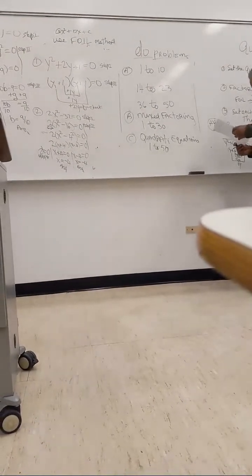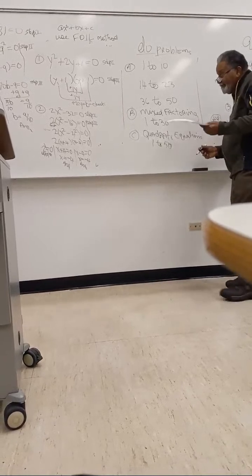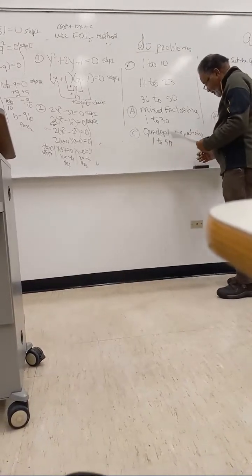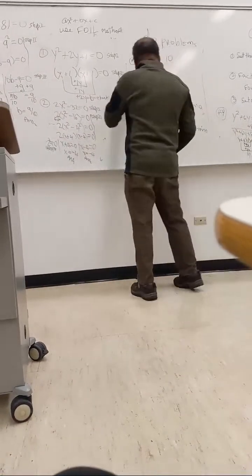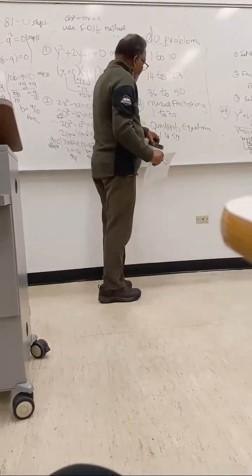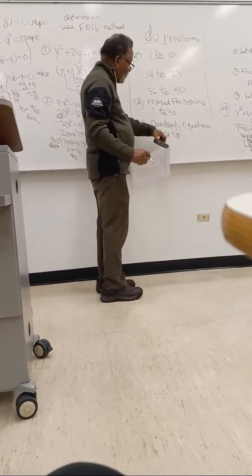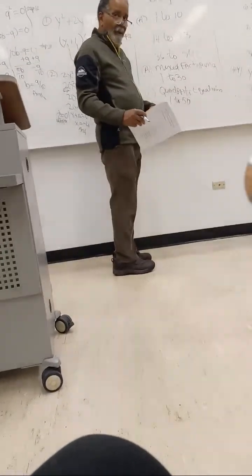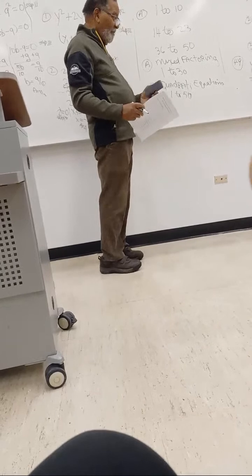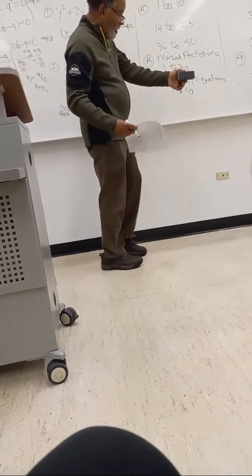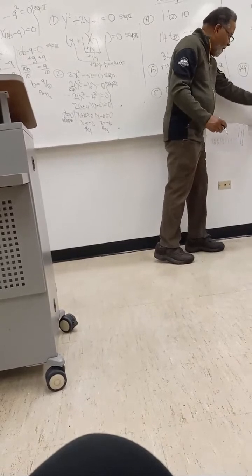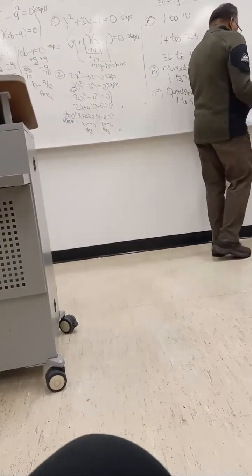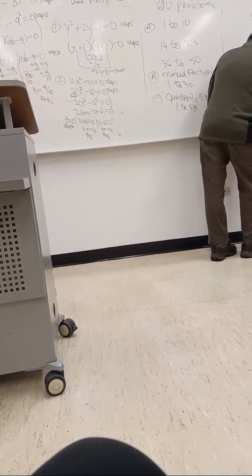Let's do number 50. Again, you can check. So I'm going to erase. I'm doing the quadratic equation side now. 2 plus 4 is 6, 2 times 4 is 8. You must have this check. This is b.